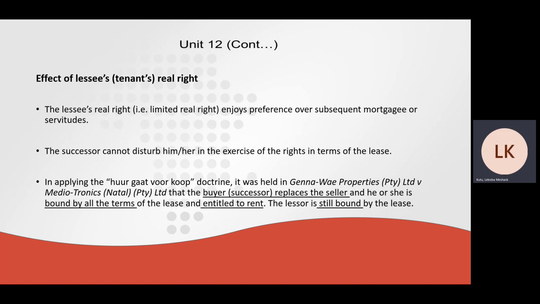The new owner will also be entitled to rent. So basically, the buyer replaces the previous owner, becomes the lessor, and is bound by that lease agreement entered into between the lessee and the previous owner.